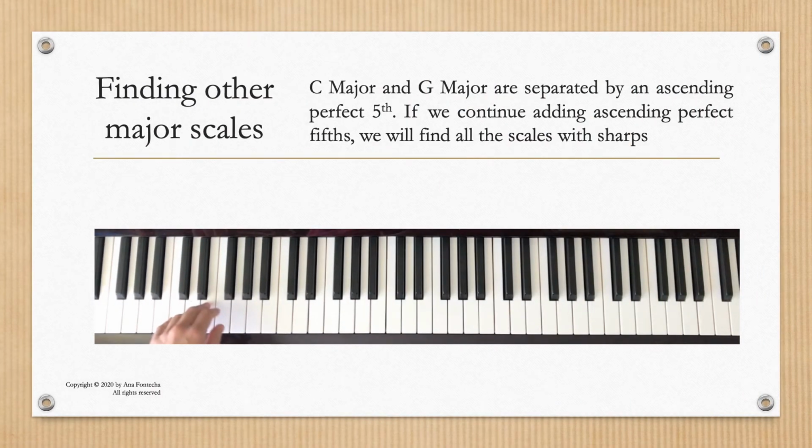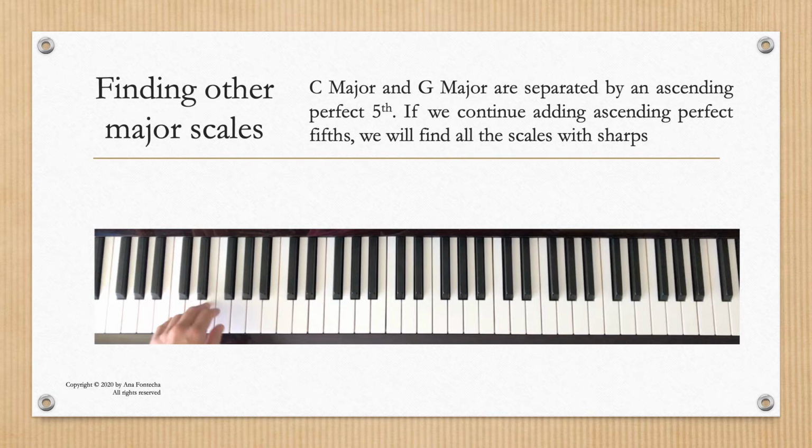C major and G major are separated by an ascending perfect fifth. If we add another ascending perfect fifth, we will find the scale with two sharps, D major. One more fifth, and we will need three sharps to keep the pattern of semitones and tones of the major scales.